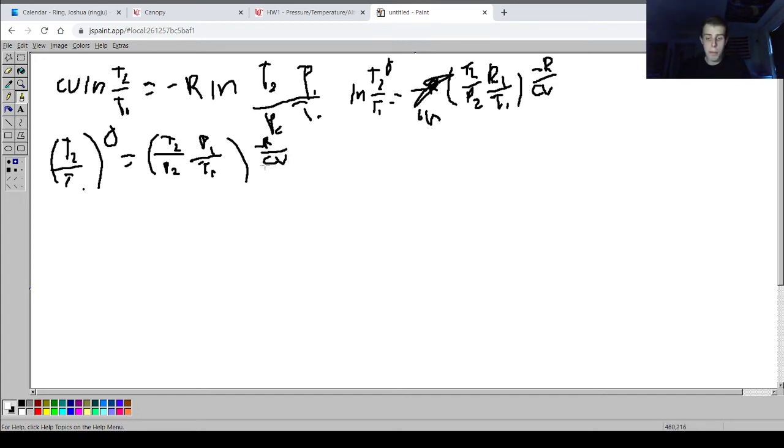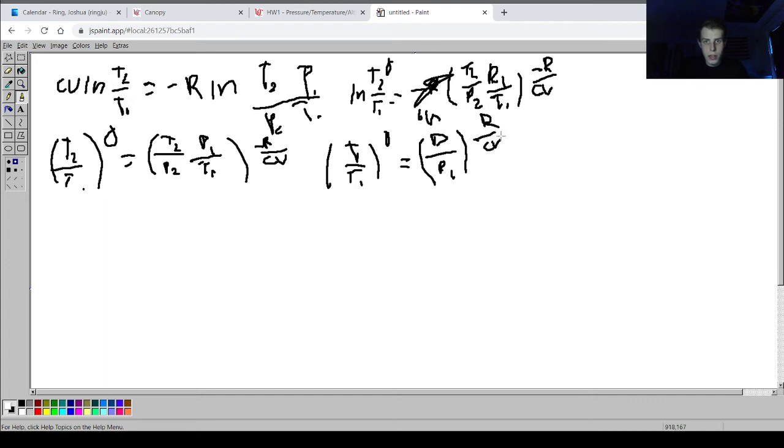Then by combining like terms, the T2s and this T1 over here cancel out with some things over here. So it's going to end up looking like a basic T over T1, still to the gamma, and then it equals P over P1 to the negative R over Cv. And everything's looking good for now.